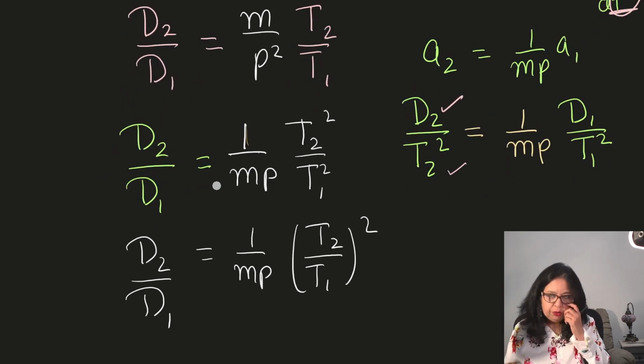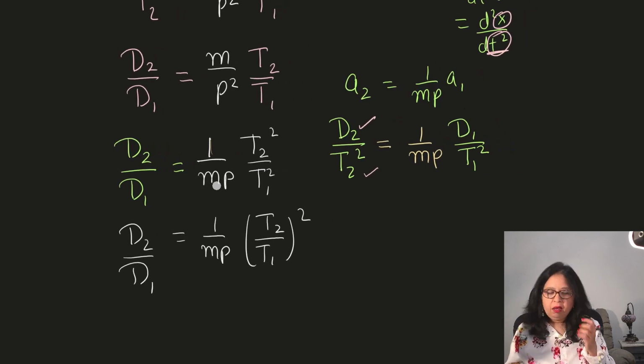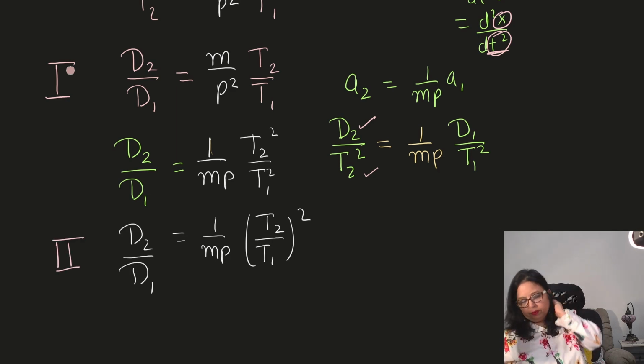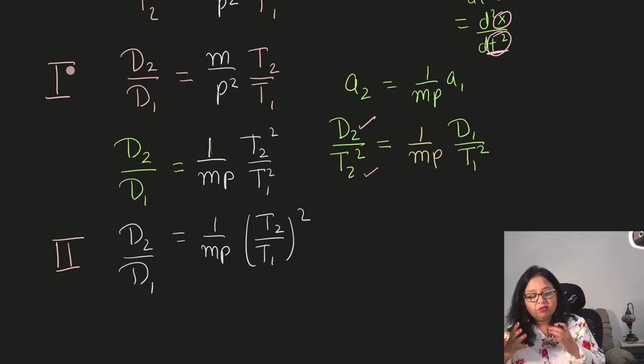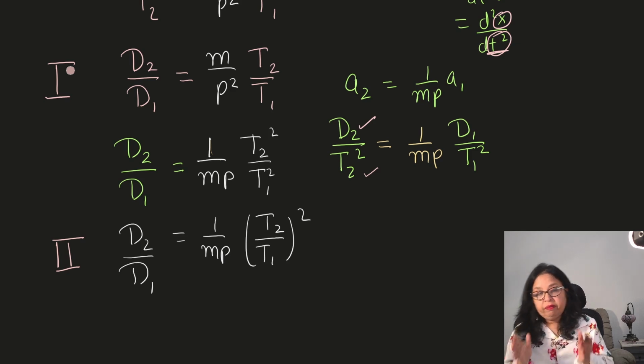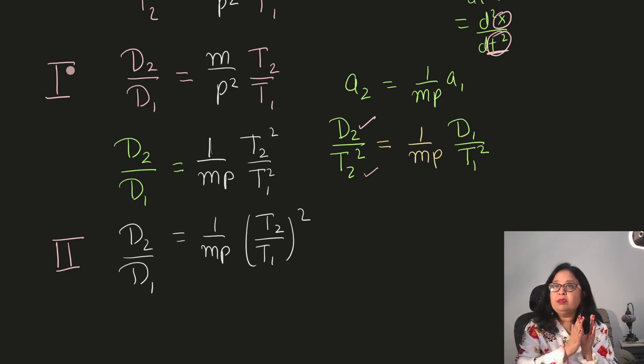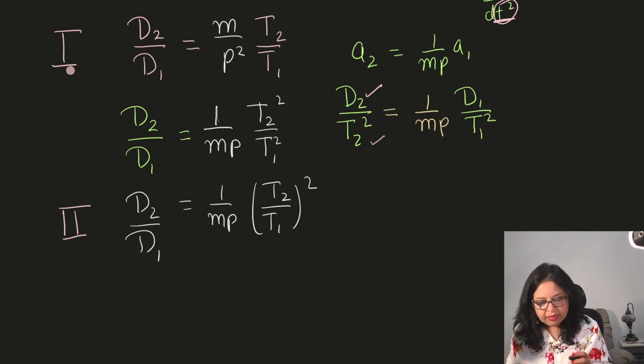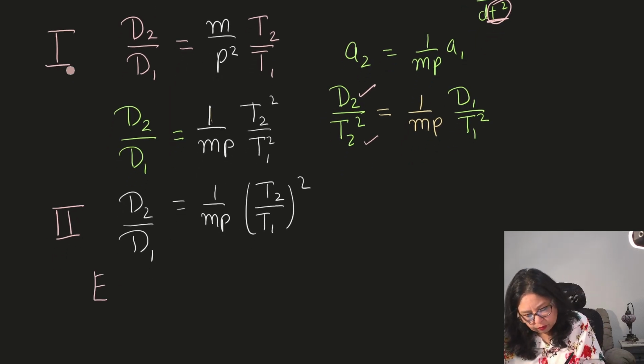Now what can I do? I have these equations here. Let me call this 1, and let me call this 2. Now 1 and 2 have the same expression on the left-hand side. So if left-hand sides are the same, that means right-hand sides are also going to be the same. So let's go ahead and equate the right-hand sides of 1 and 2.